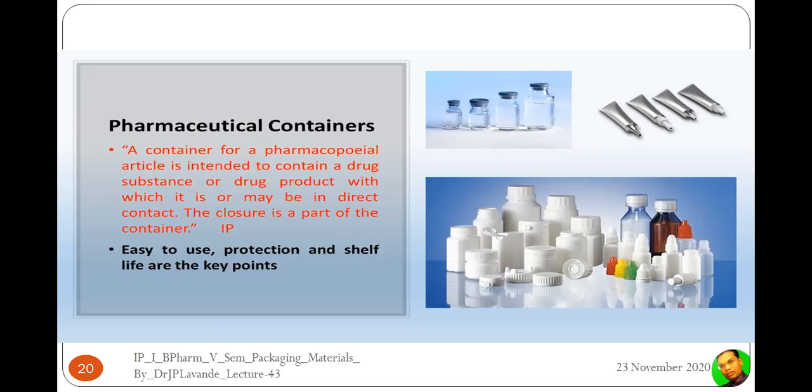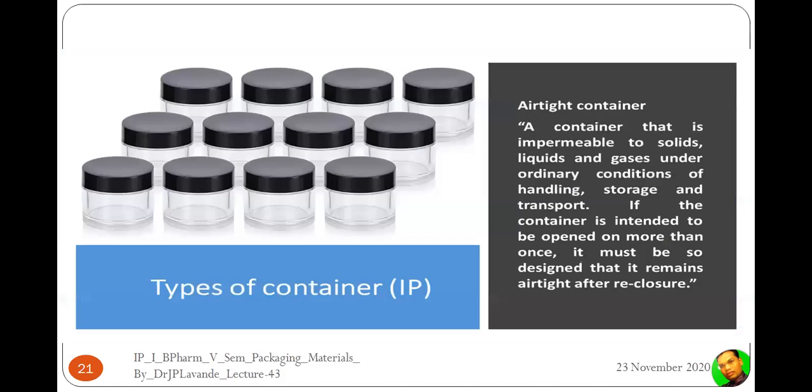The container that is directly in contact, or sometimes indirectly in contact, with the drug, and the closure will form part of the container. The pharmaceutical container will serve the purpose of ease of use, protection, and shelf life. These are the key points. So all these purposes are going to be served by the packaging material or by the containers.